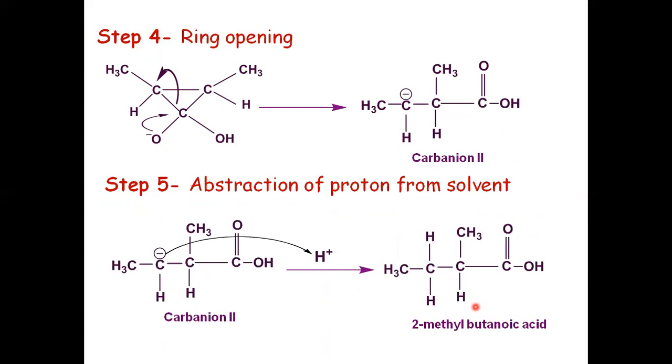Since in the mechanism we are using hydroxide ion as nucleophile, the product is carboxylic acid. The overall transformation in Favorskii rearrangement involves the migration of a substituent as an anion to give a new carbon-carbon bond alpha to a carbonyl group.